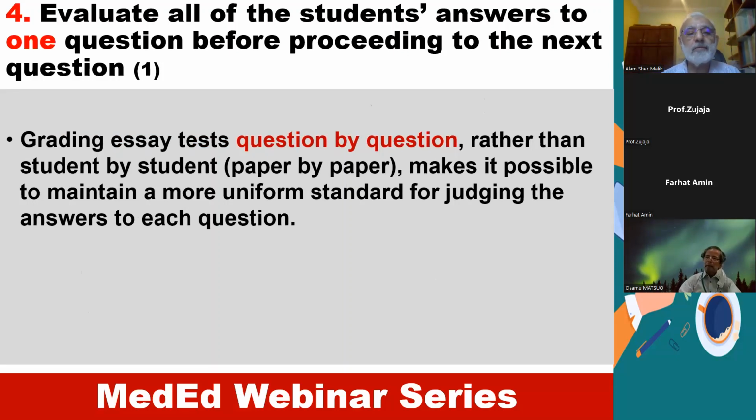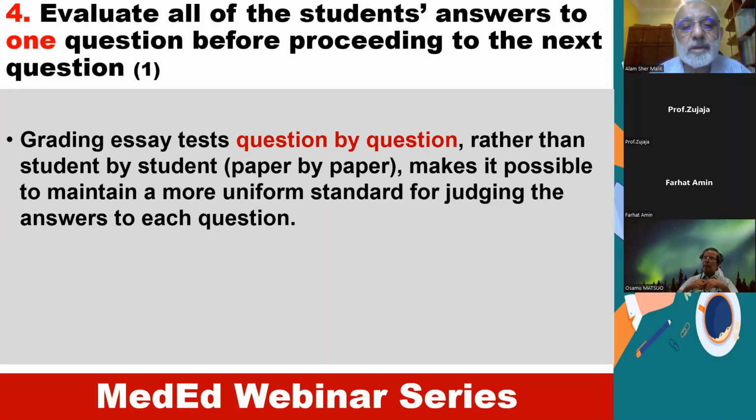For example, if a question paper has 4 essay type questions, it would be appropriate to mark the first question in all the papers, and then go for the second question and mark all the papers, and third and fourth, rather than marking all the questions student by student or paper by paper.